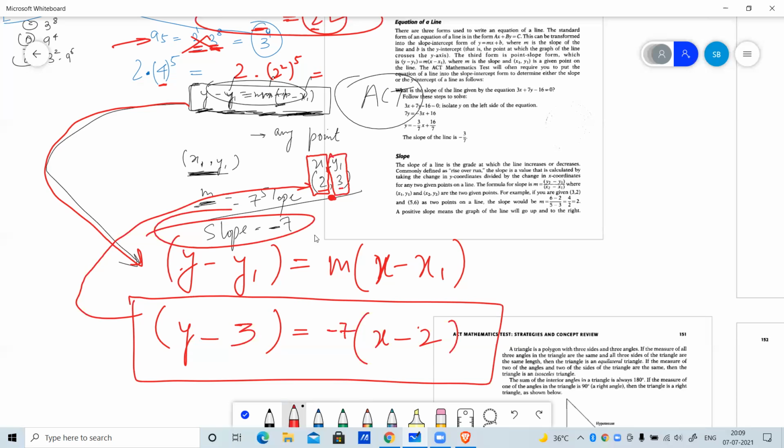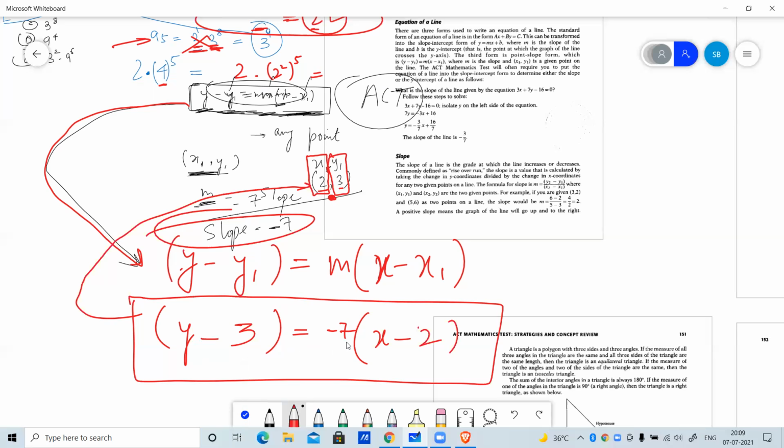So is that the whole thing solved? Is that the answer? That will be the answer if we have to calculate the point slope form. And we can simplify it to get the slope intercept form also. It depends on the question. If it is asking you to get the point slope form, then you're done.